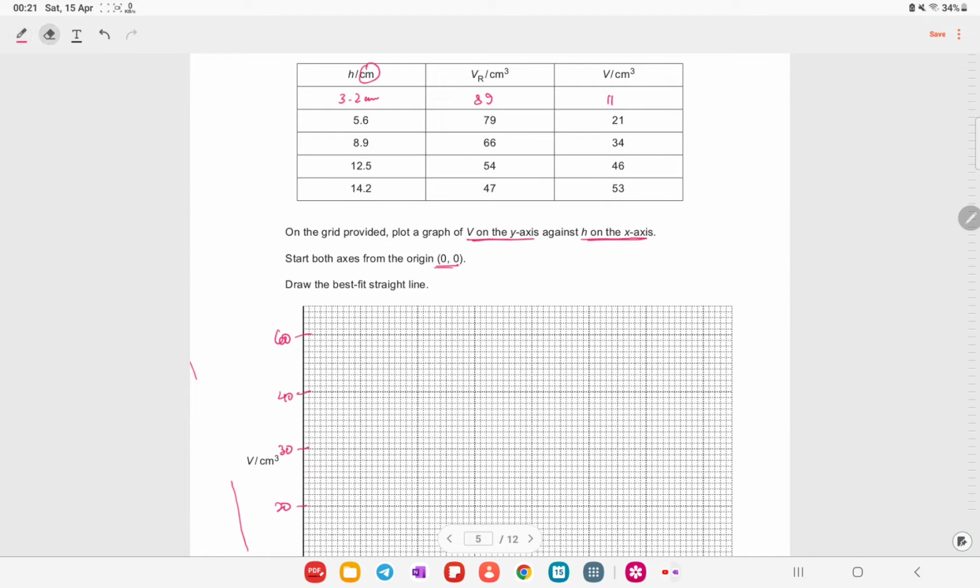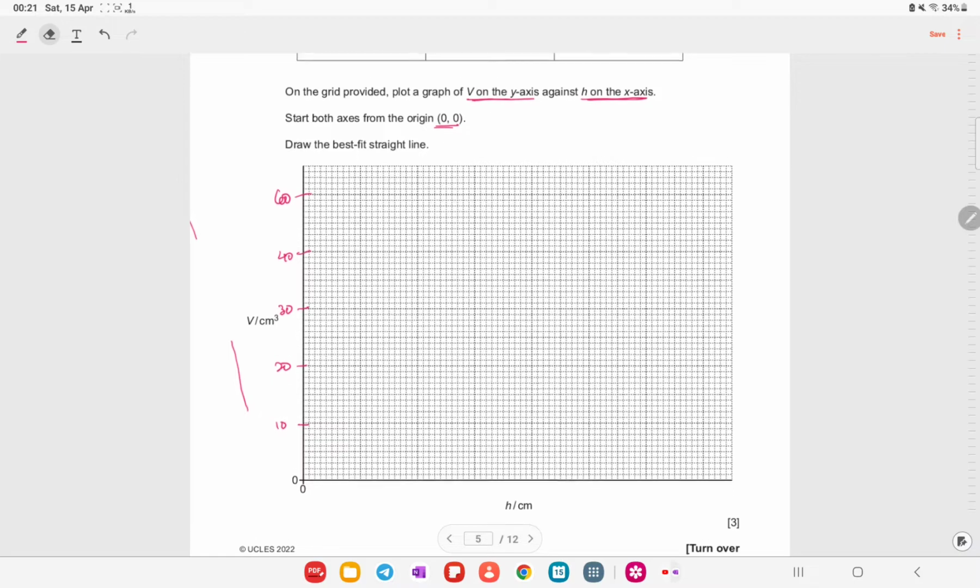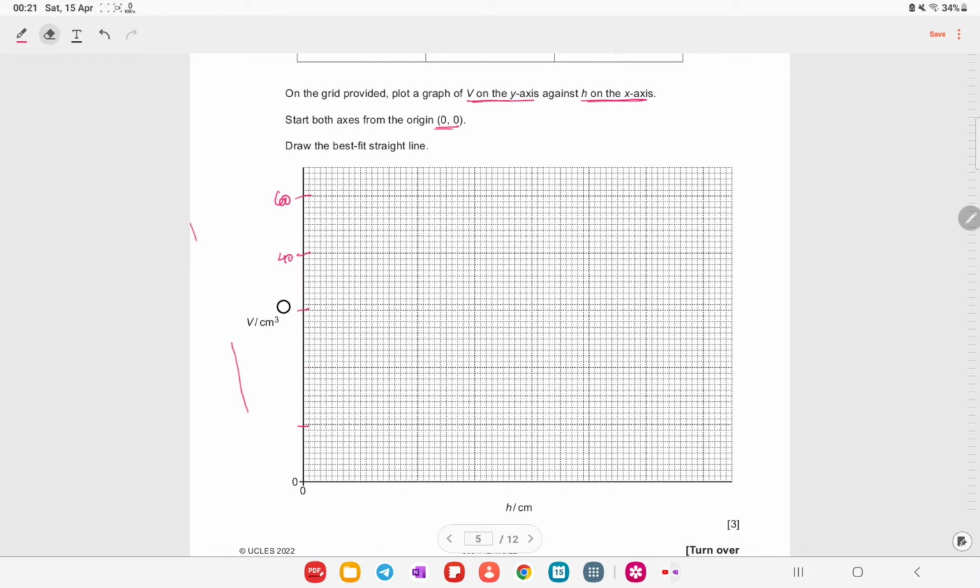Okay, I'll change the values because the volume is 89 and we cannot get this thing over here. So let me change the values, and I'll redraw it and make it 20, 40, 60, 80, and then it's 100.